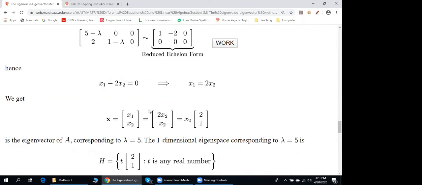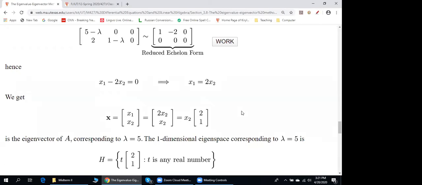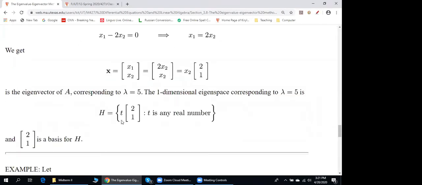And then we replace x1 by 2x2, factor out x2, and here's a complete description of all eigenvectors corresponding to lambda is equal to 5. This is the eigenspace, and here is its basis.